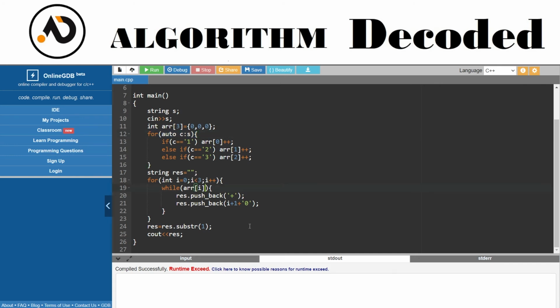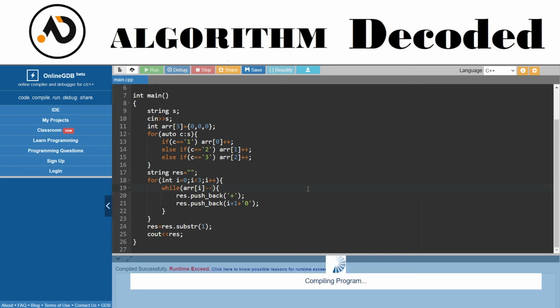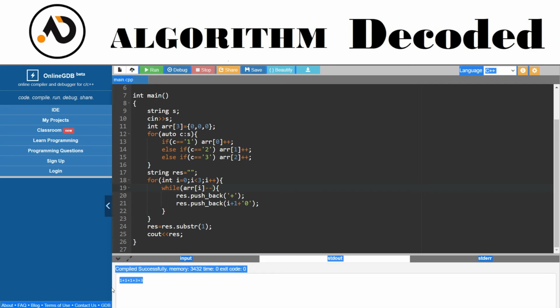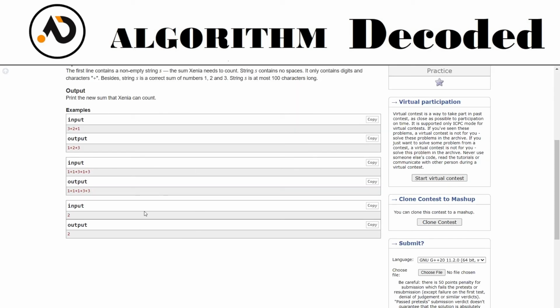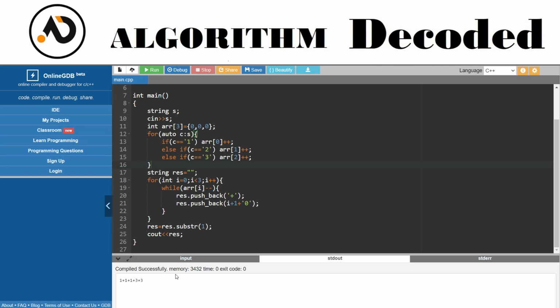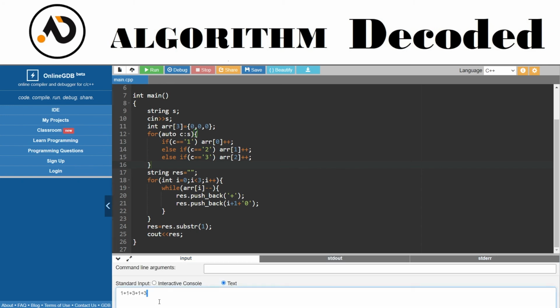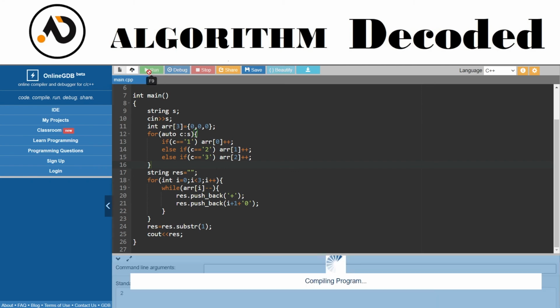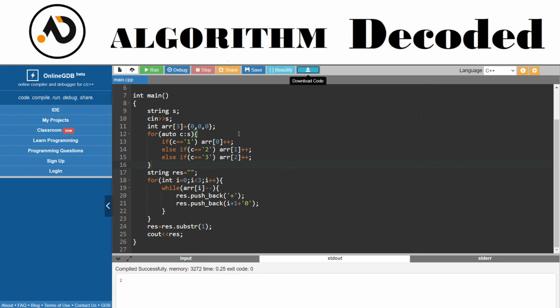Oh my bad, I haven't decremented it. Yeah, sorry. So 1 plus 1 plus 3 plus 3 running perfectly. Let's try some another input. Perfect.